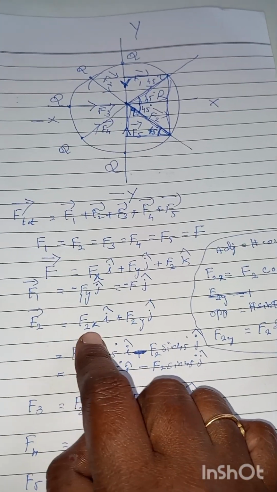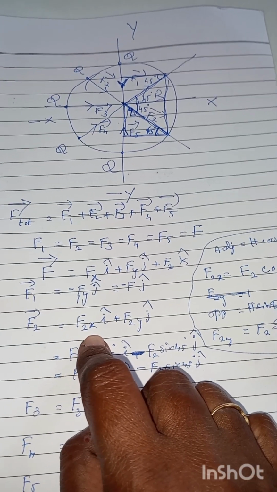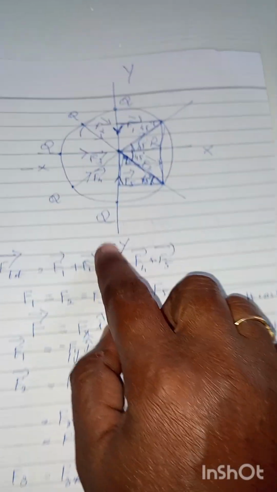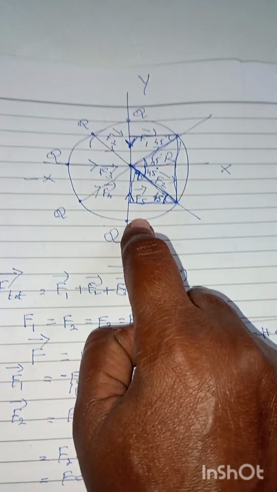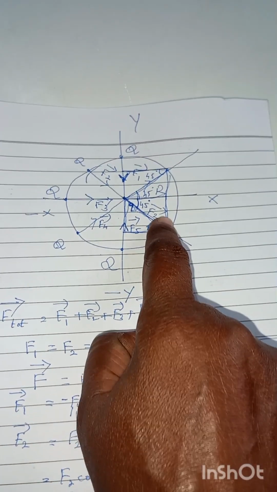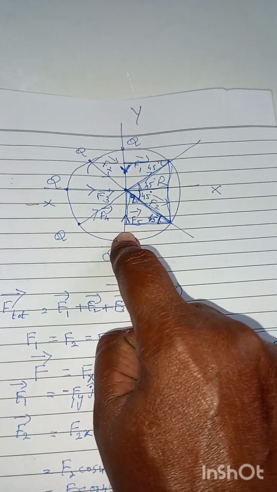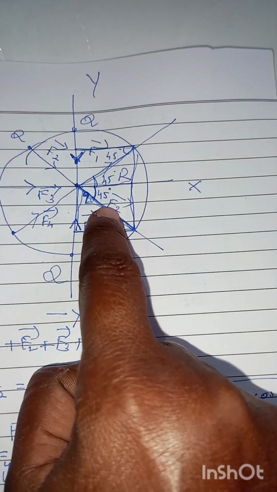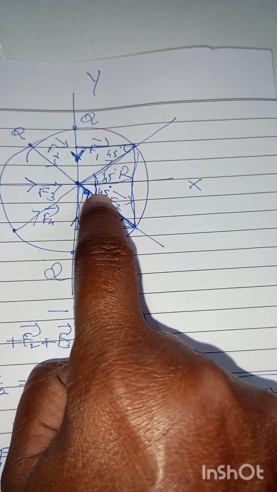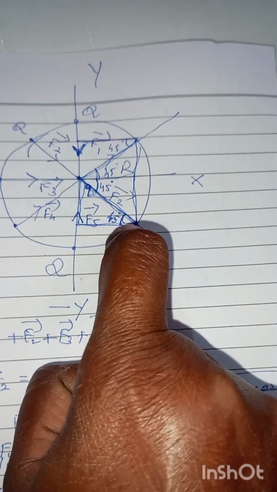Similarly for F2, the z component is 0, and it is acting between the x and y axes, so it has components both along the x axis and y axis. For calculating the x and y components of force F2, we consider this right angled triangle.